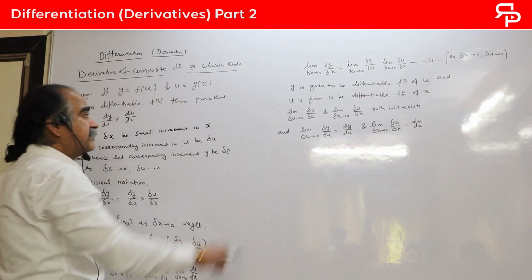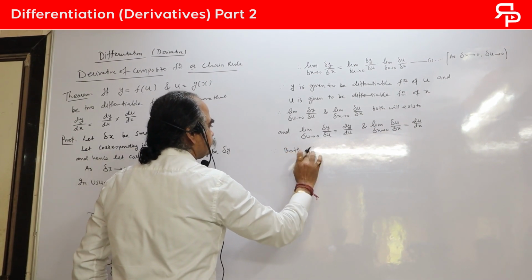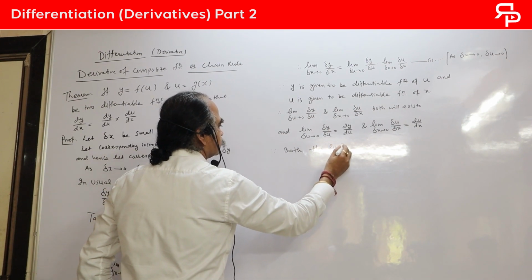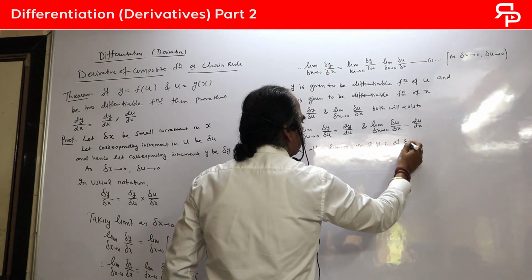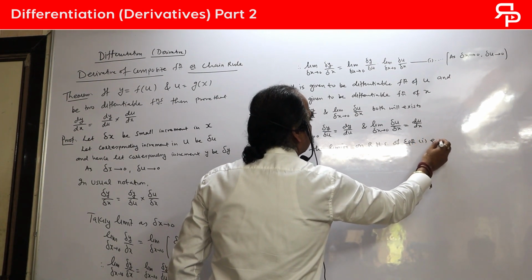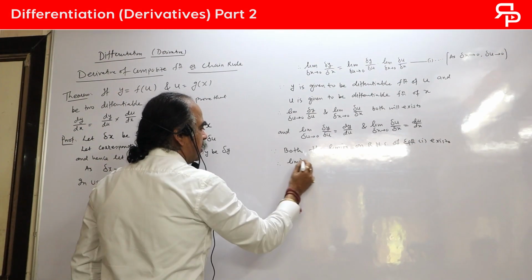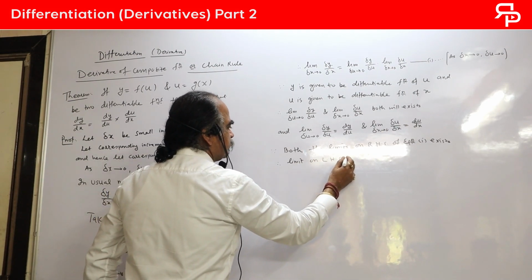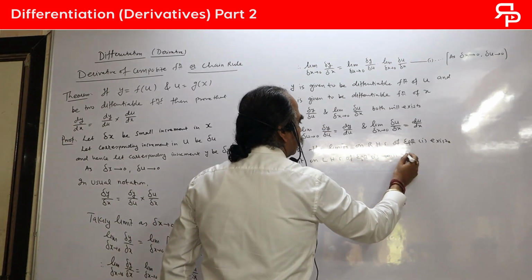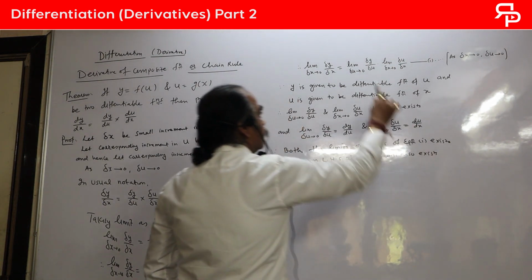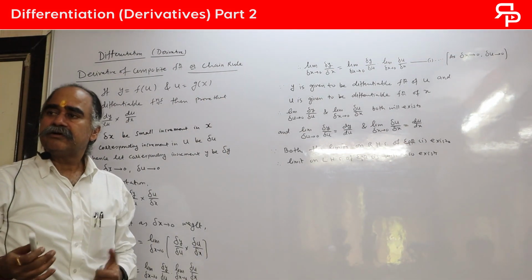Okay? Since both the limits on the right hand side of equation 1 exist, therefore the limit on the left hand side of equation 1 will also exist.